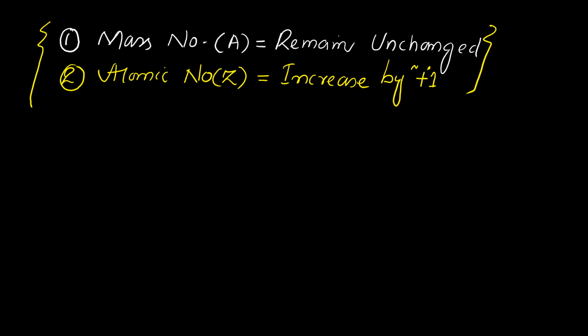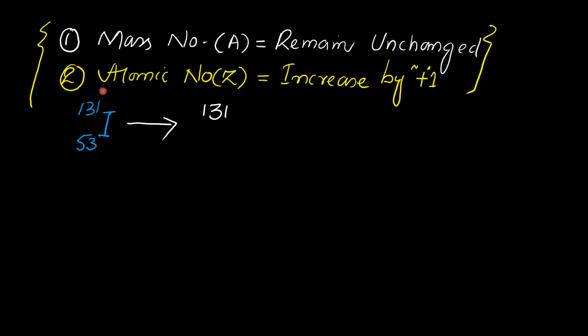Consider an example. Consider that we have iodine having atomic number 53 and atomic weight 131 going through a beta decay. So, as you know, the mass number in beta decay remains the same. So the new daughter element formed will have a mass number 131. It will remain the same.